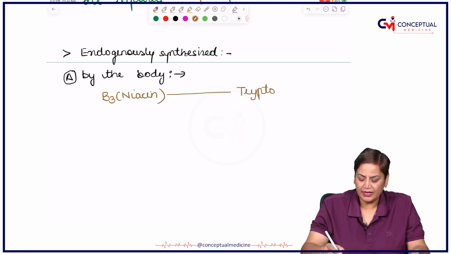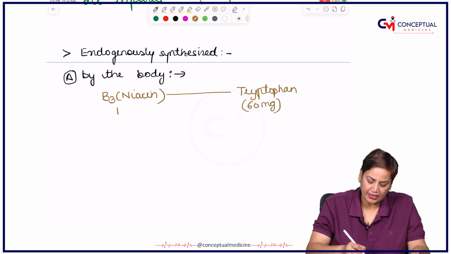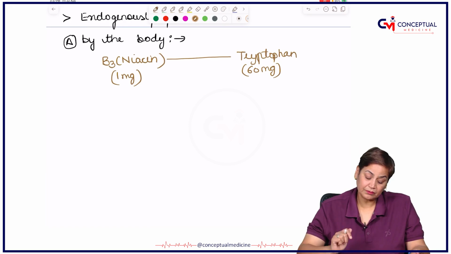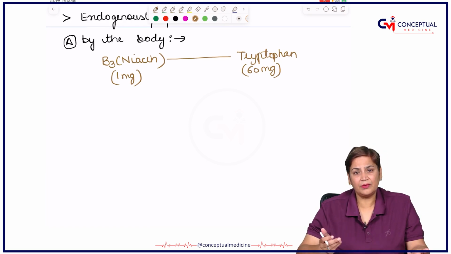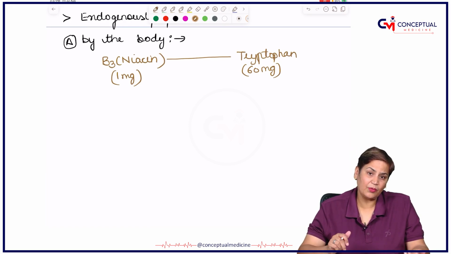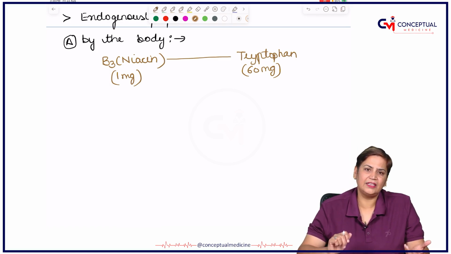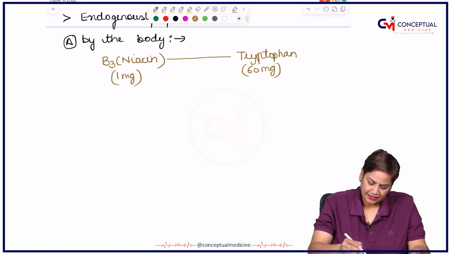And we know tryptophan is an essential amino acid. 60 milligrams of tryptophan are required to generate 1 milligram of niacin. Then there are certain vitamins which are synthesized in the body generally by the intestinal flora.